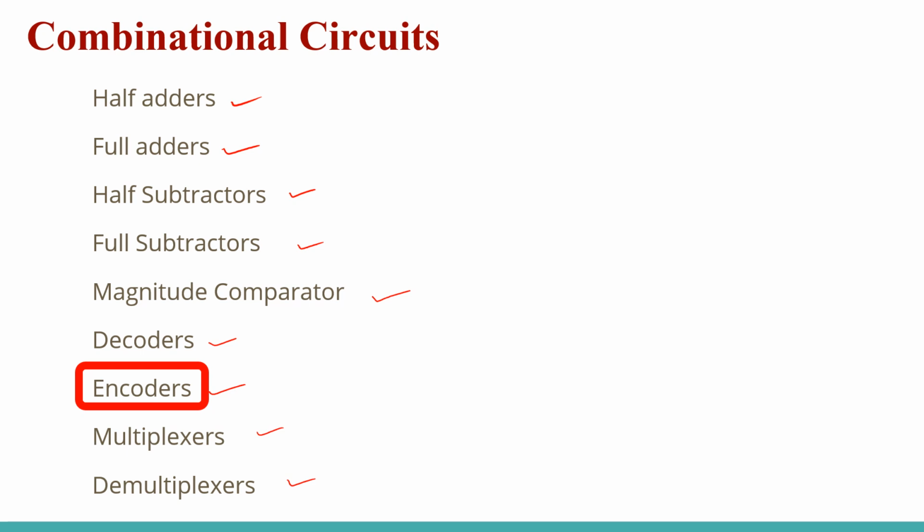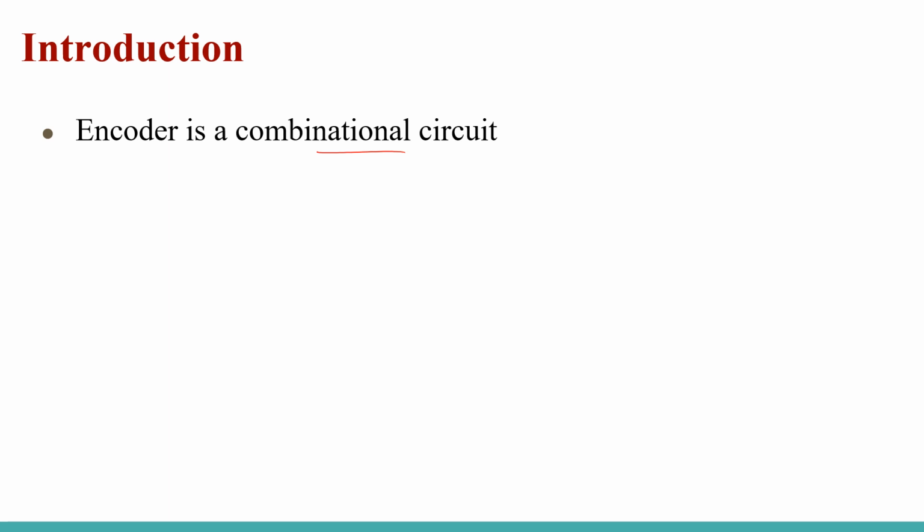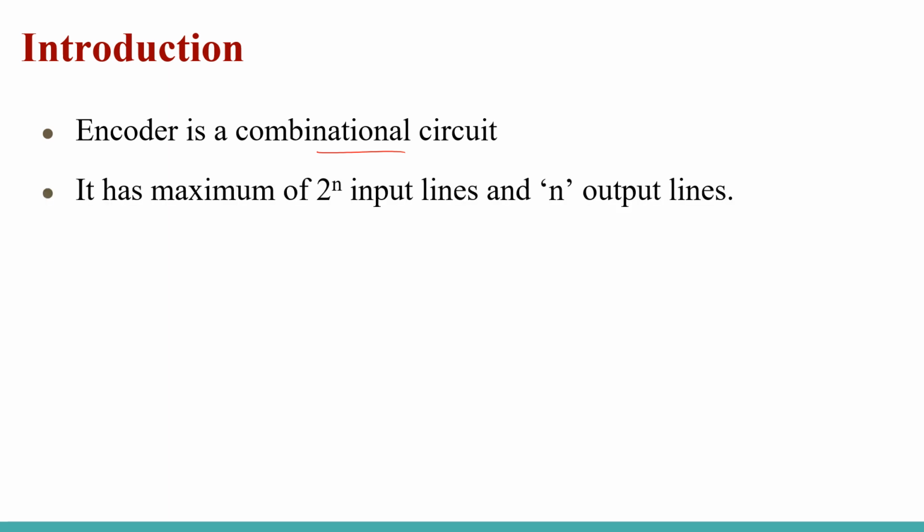Let's start with the introduction to encoders. As of now, we know an encoder is a combinational circuit. It has a maximum of 2 power n input lines and n output lines.